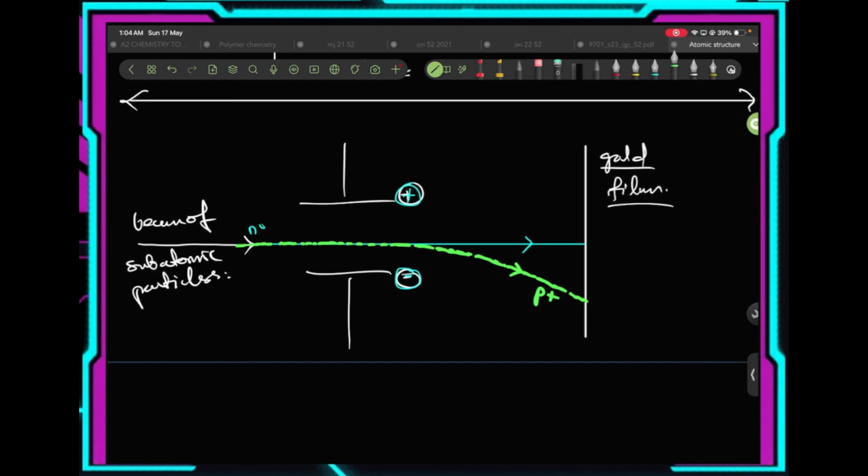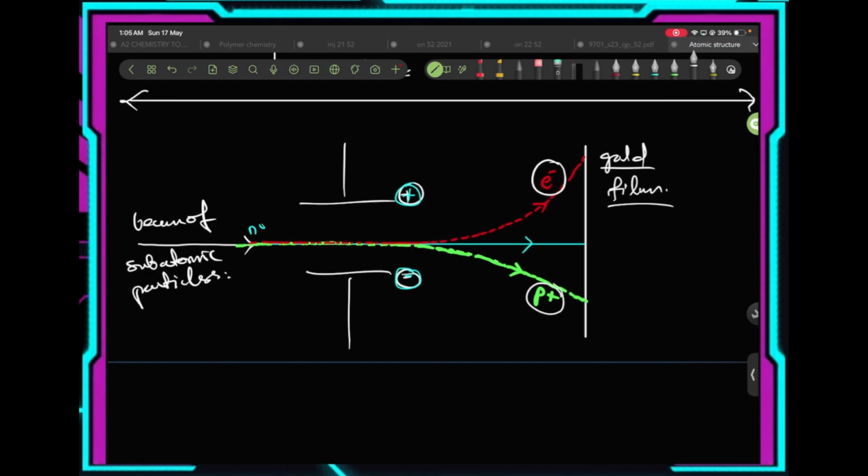And in case of the electron, let's go with red for electron. When the electron was traveling, it will also be deflected, but more. It was deflected upwards towards the positive terminal. What does that mean? The electron is negatively charged. Now let's compare the masses of the proton and electron.